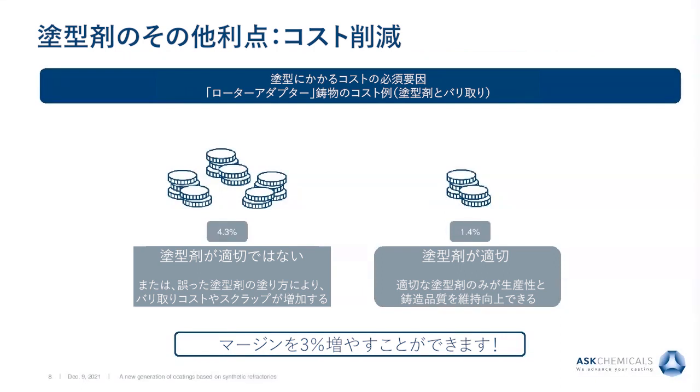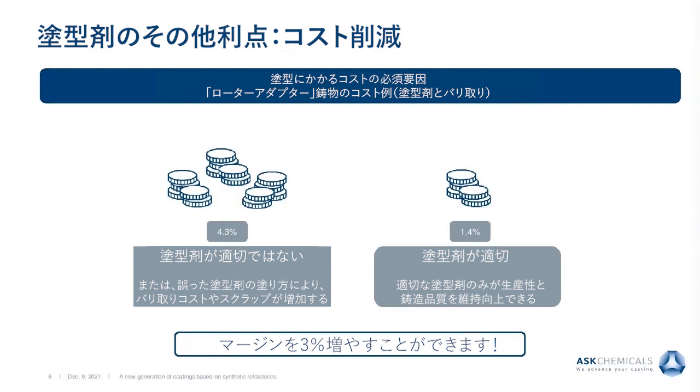If we select a good coating, certainly you can save a lot of money. Even though coatings are an essential cost factor, they provide you with value added. If you select an unsuitable coating quality or an incorrect coating application, you end up with increased fettling costs or even scrap.